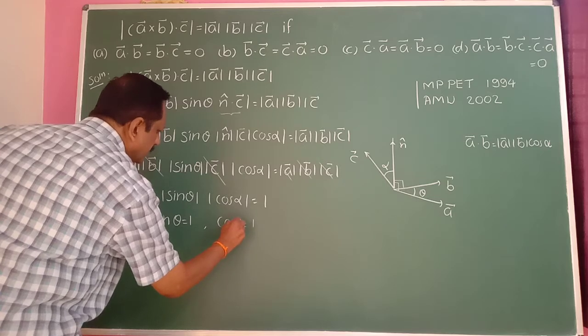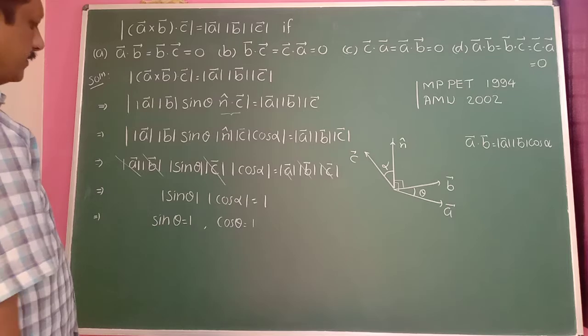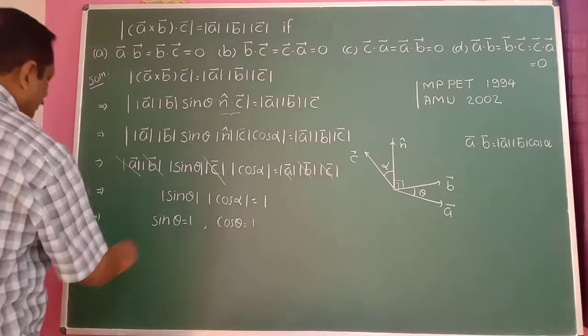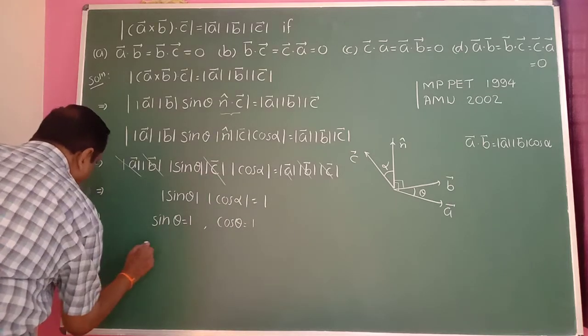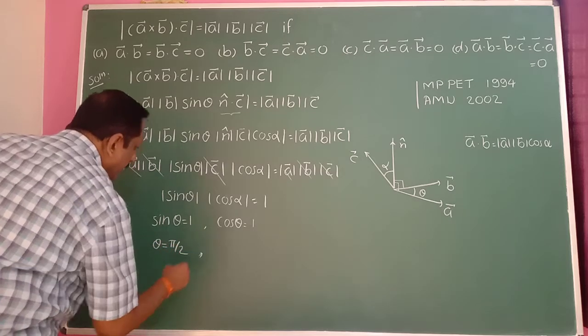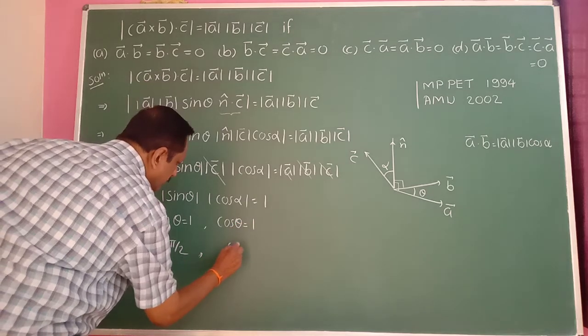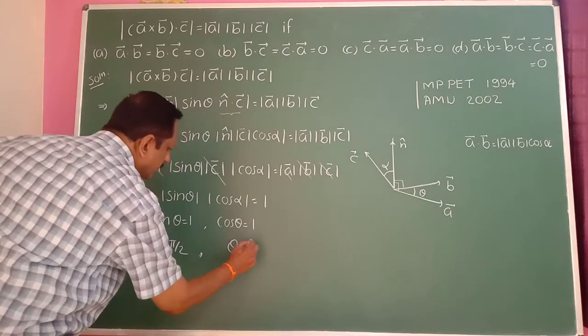Sin theta equal to 1 means theta is equal to pi by 2. And cos alpha equal to 1 means alpha is equal to 0.